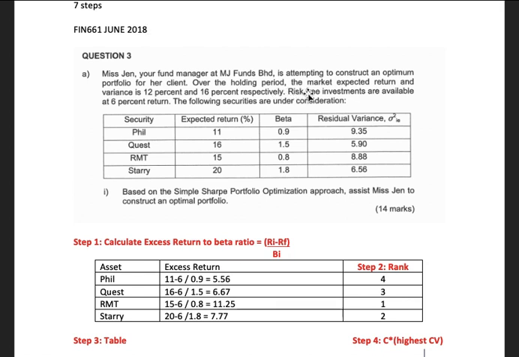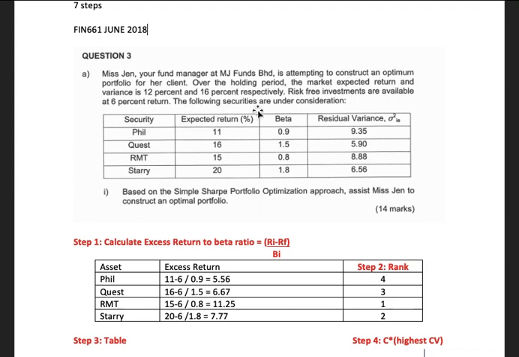Over the holding period, the market expected return, RM, and variance are 12% and 16% respectively. We know that the RM is 12% and the market variance is 16%. And the risk-free investment, RF, is available at 6% return.